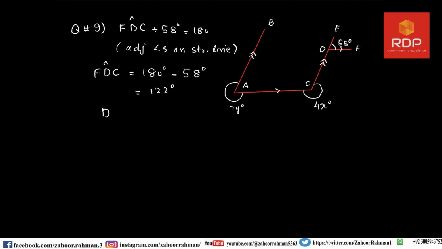Next we are going to find DCA, which is this angle. Remember, because we have to talk about the alternate angle, it is equal to FDC.